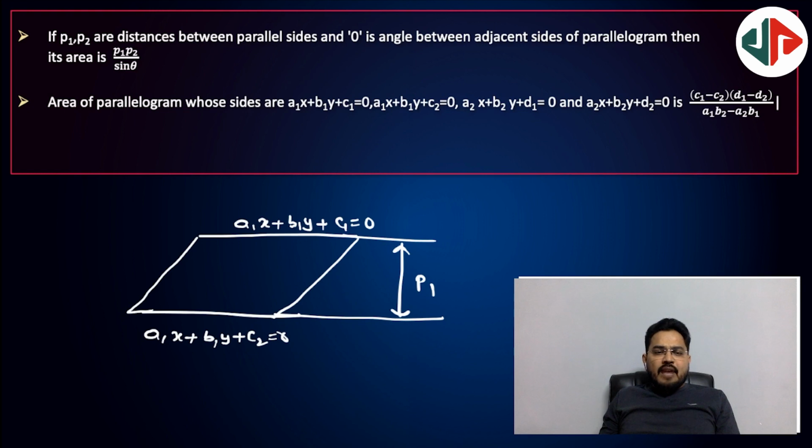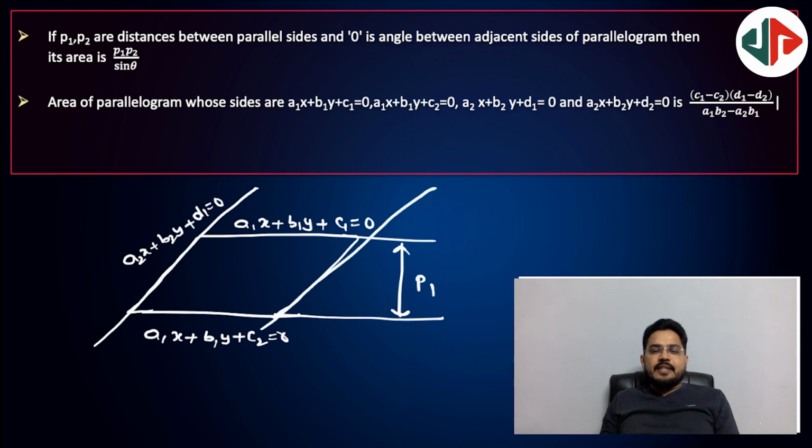And you have this line equation a2x plus b2y plus d1 is equal to 0 and this line is a2x plus b2y plus d2 is equal to 0 and this distance is p2, and the angle between these two is theta.